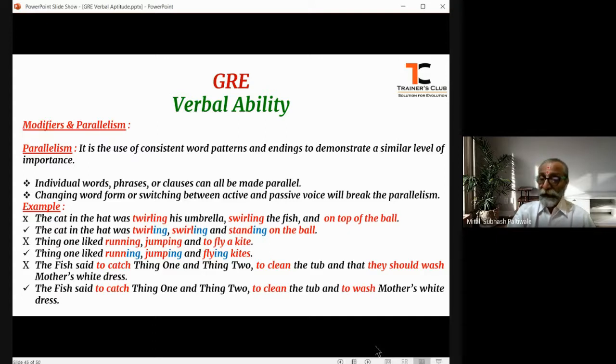So to understand them, we have to understand how rightly the parallelisms are used. Once you get into the groove of these things, it will be quite easy to understand even the poetries.